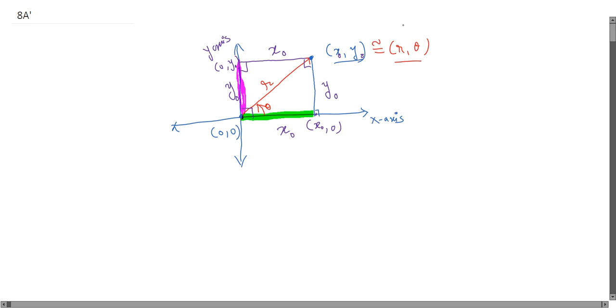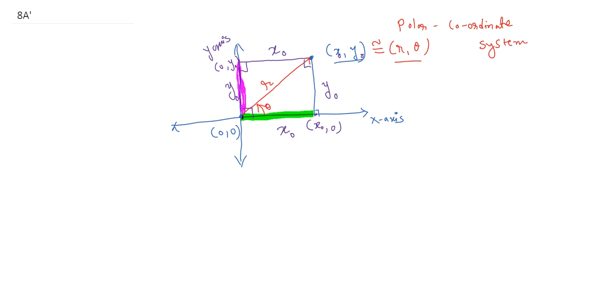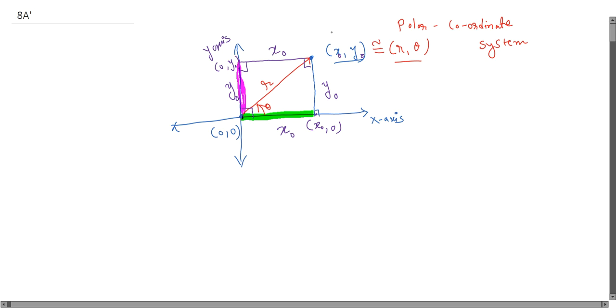This r and theta are called the polar coordinate system, and your original point, x0, y0, is in the Cartesian coordinate system.